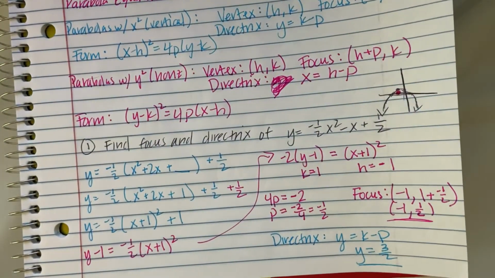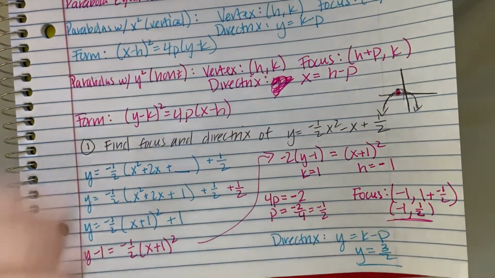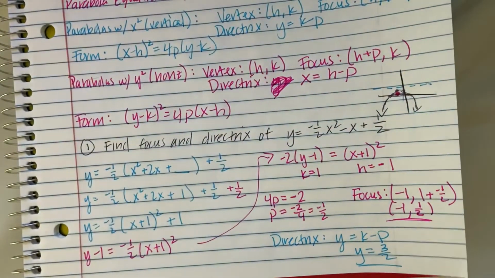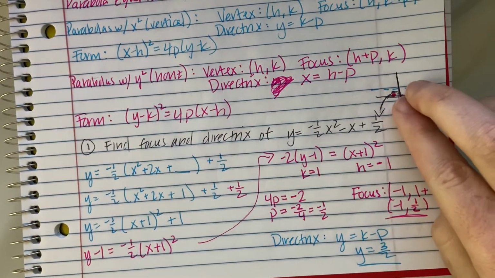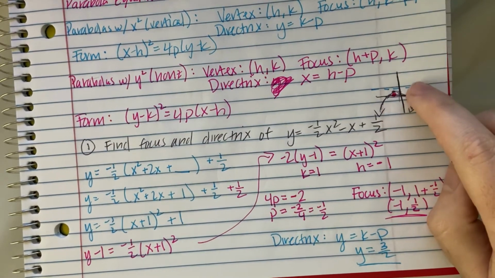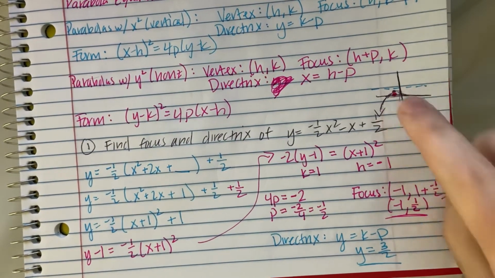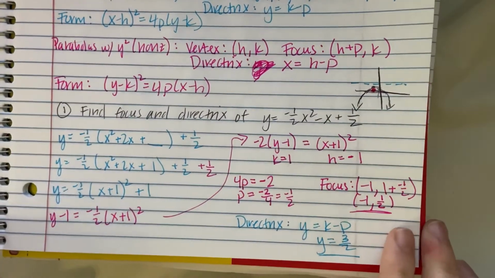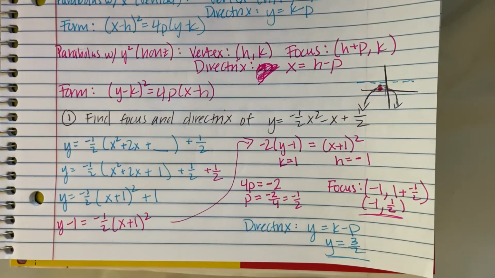And the directrix is a line, and we draw it like an asymptote, a dotted line. Any point on the parabola is exactly equal distance from both the closest point on this line and this point in the center. It's kind of interesting in that way, but we'll do more of these afterwards. Parabolas aren't too bad because they use a skill you used before, but we'll also talk about ellipses and hyperbolas as well.